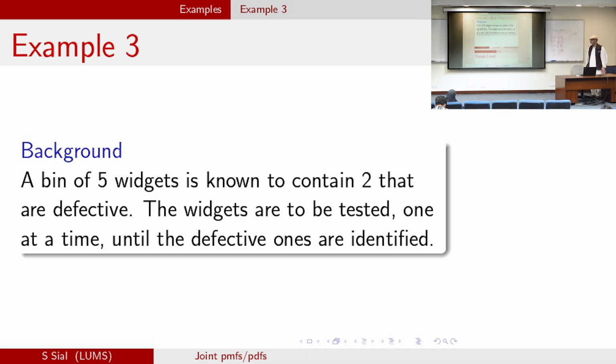All right, so another experiment. We have a bin of 5 widgets. 2 of the widgets are defective. The widgets are to be tested one at a time until the defective ones are identified.